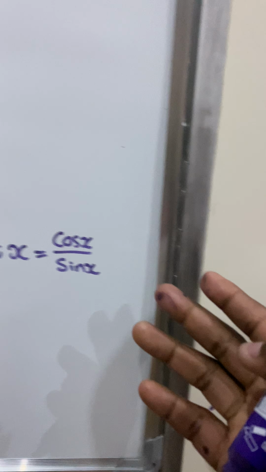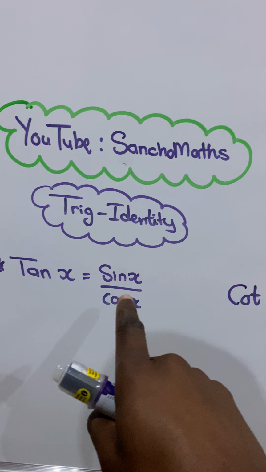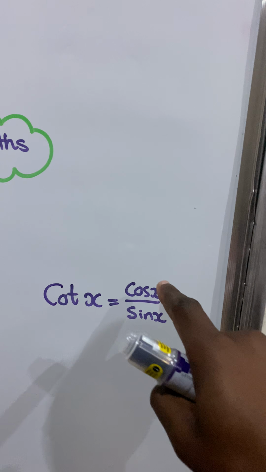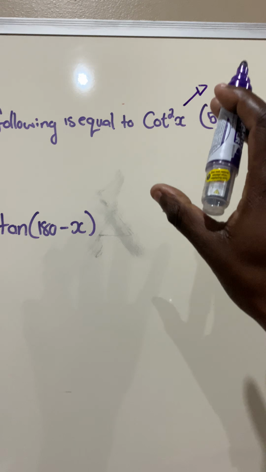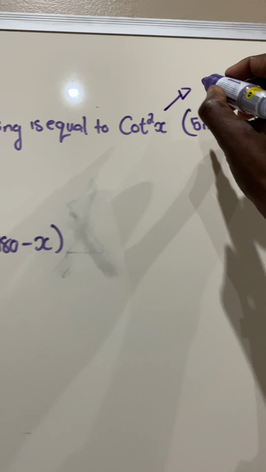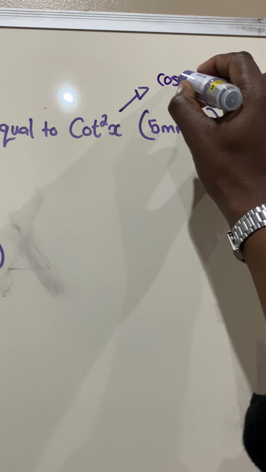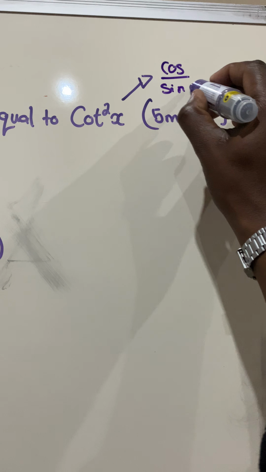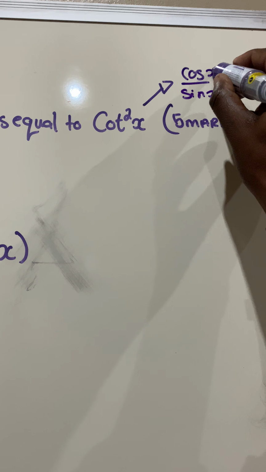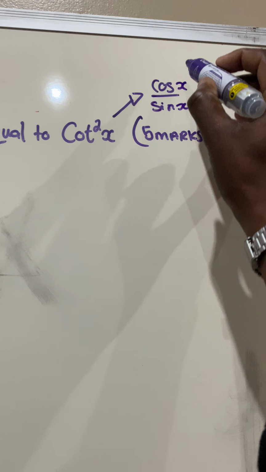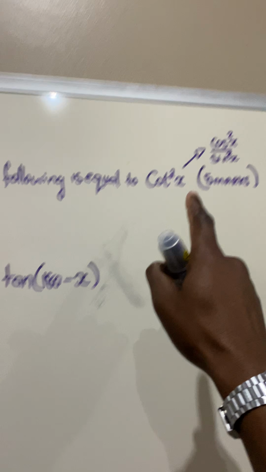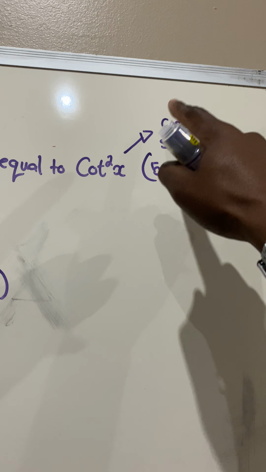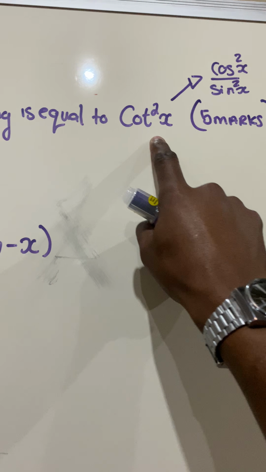That 1 over just means the reciprocal, the opposite. So if this one is sine over cos, cot is going to be cos over sine. That makes sense? So what we're trying to prove is that whatever we do, this here should be equal to cos over sin x. But now it is squared, so we're also going to have to square these two, meaning whatever we do, we have to end up with something like that, because that equates to this, right?